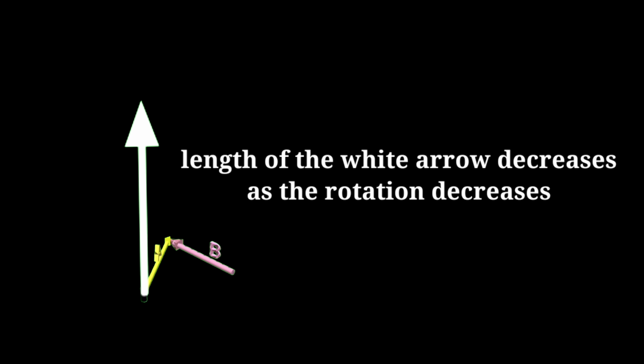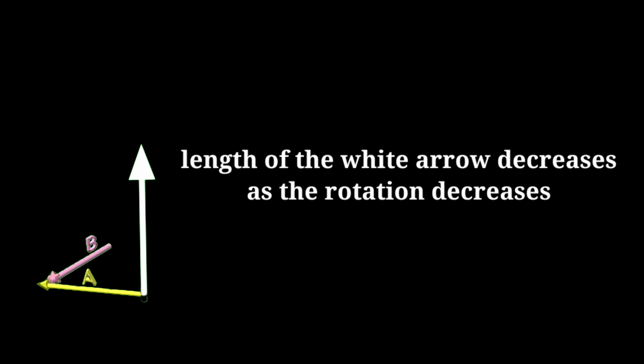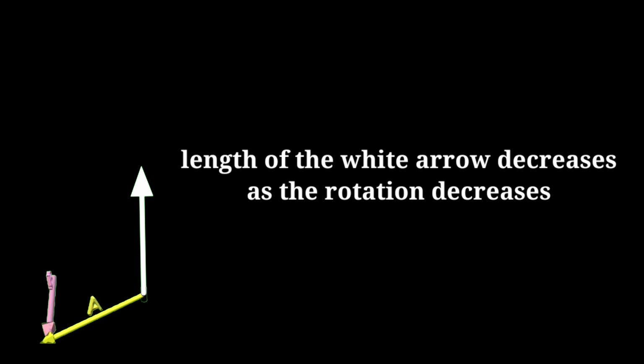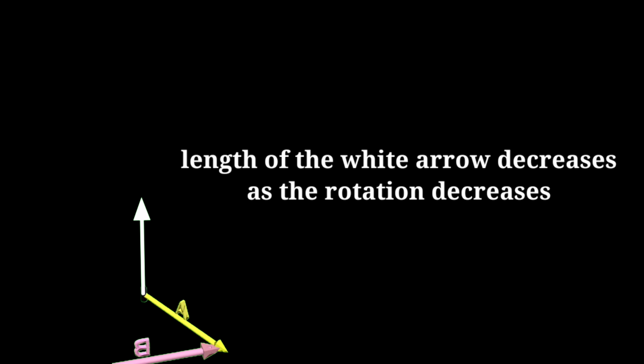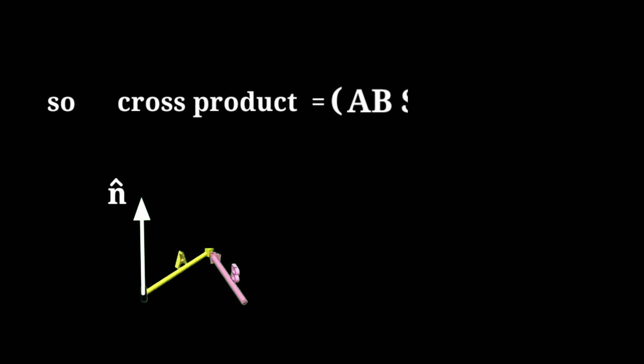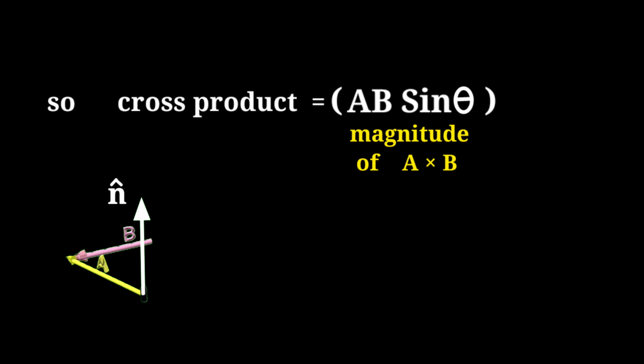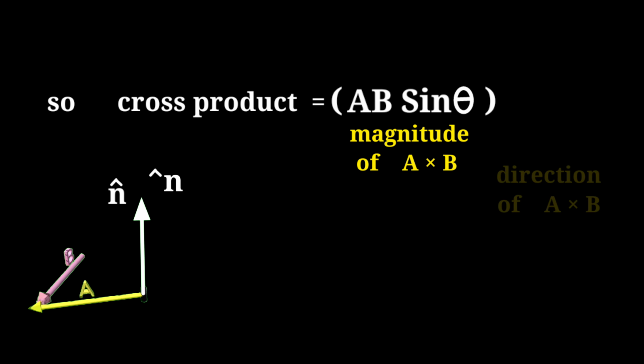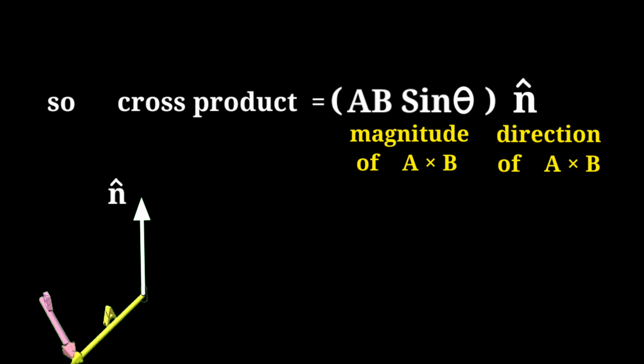But the length of the white arrow decreases as the rotation decreases. So cross product equals AB sine theta n cap, where AB sine theta is the magnitude of A cross B, and n cap is the direction of A cross B.